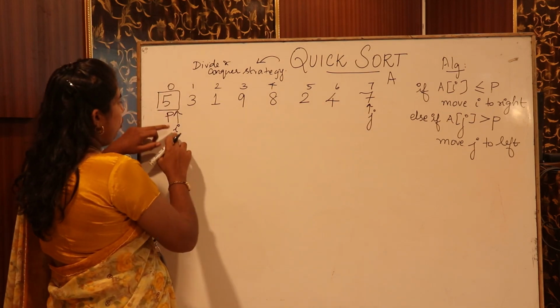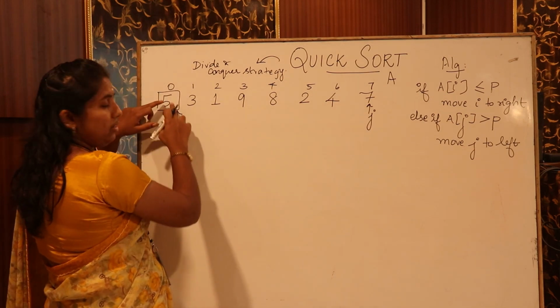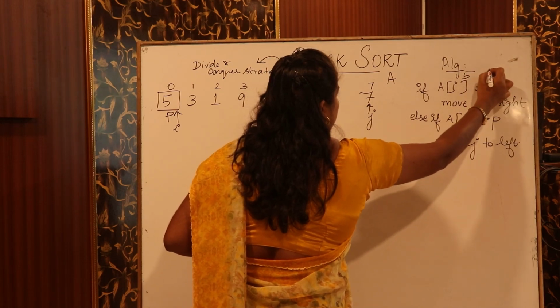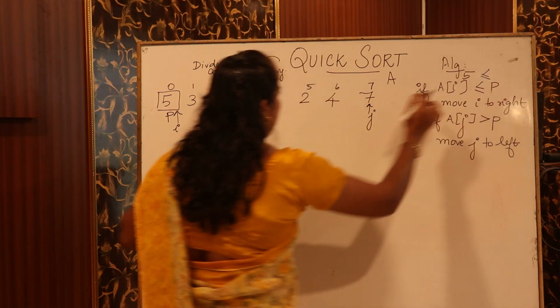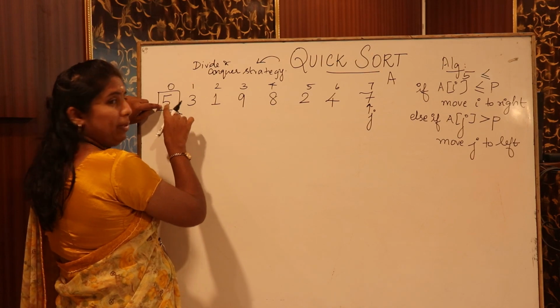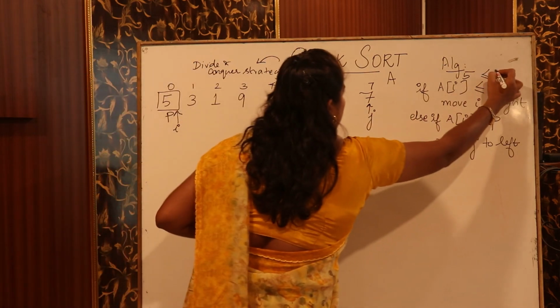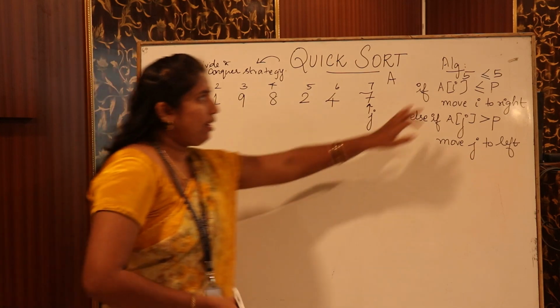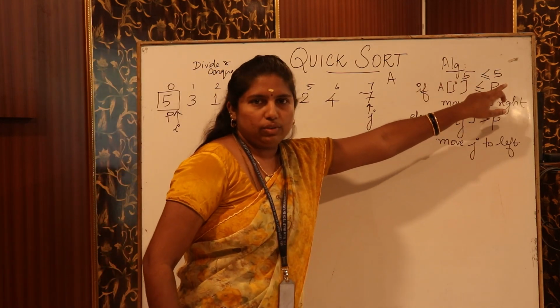So my A of I, if my A of I is 5, I am going to check it with the condition. If it is less than or equal to the pivot, my pivot element is also 5. Here 5 is less than or equal to 5, the condition is correct as 5 is equal to 5.